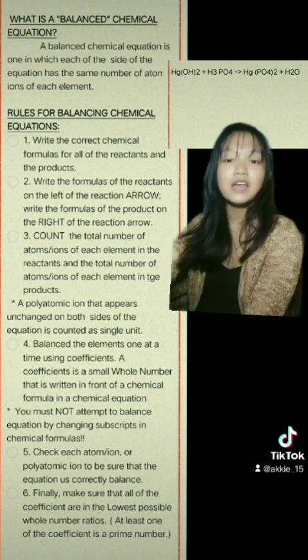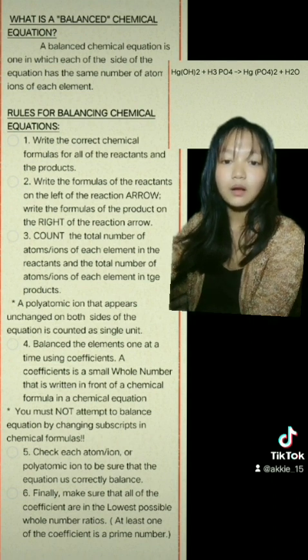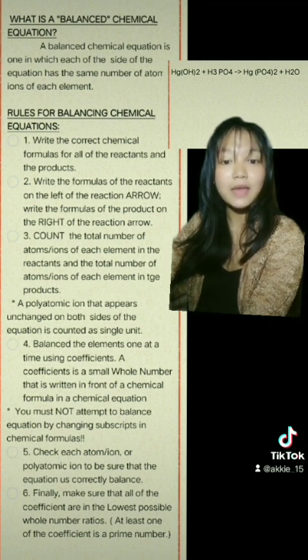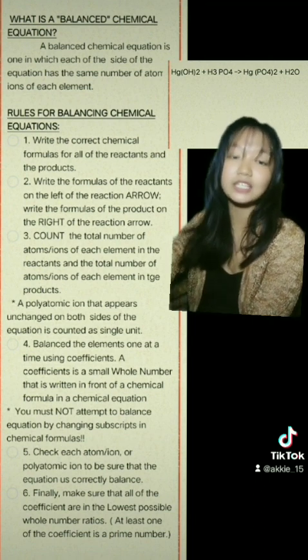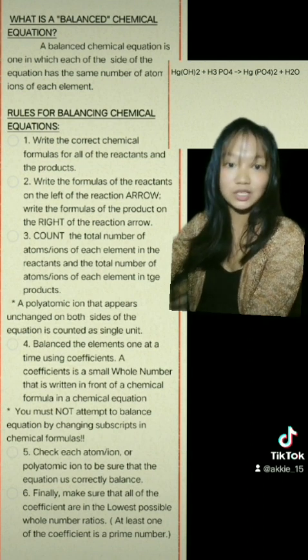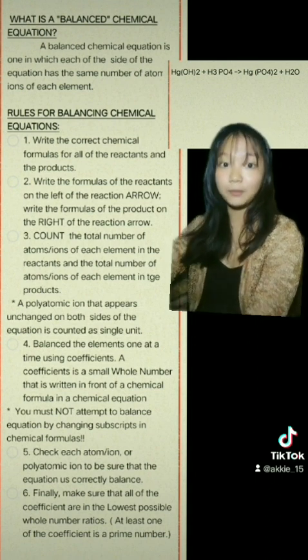Number five, check each atom or ion to be sure that the equation is correctly balanced. And number six, finally, make sure that all of the coefficients are in the lowest possible whole number ratios.